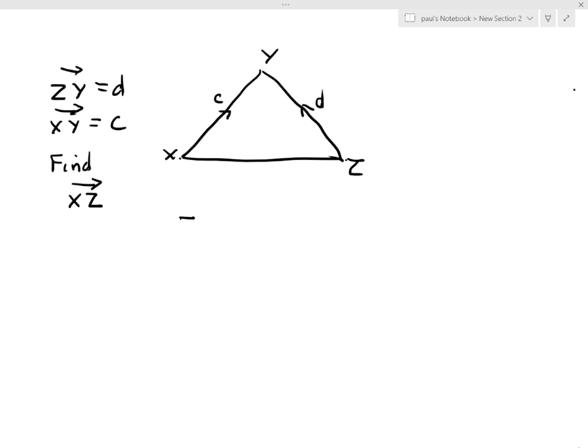Well, XZ is simply start at X, go up C and against D, and there you go, C minus D. C minus D, pretty good.